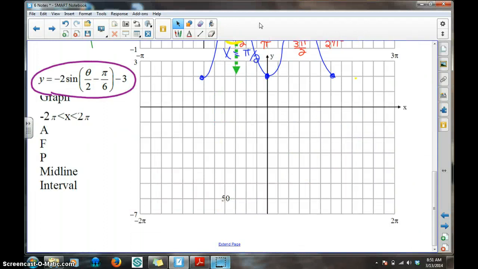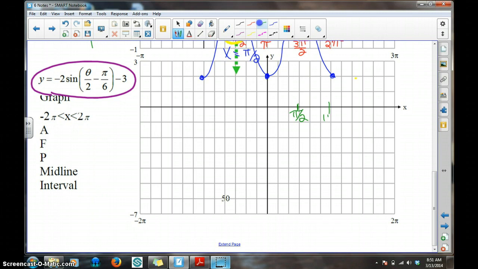When you have to do both a horizontal and a vertical shift, things get a little bit tricky. I would encourage you, before you move anything, to label your x-axis before you put in any new axes. The reason is you always want to label the real values on the real x-axis.